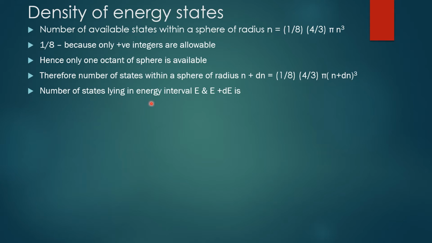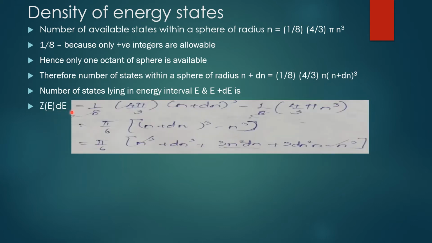The number of states lying in the energy interval E and E + dE is given as Z(E)dE. We take the difference of these two: 1/8 × 4/3 π (n + dn)³ minus 1/8 × 4/3 π n³.